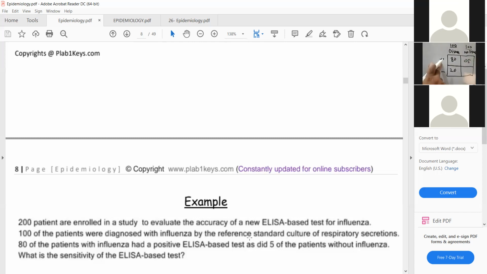So positive and without the disease, we'll write them here, and they will be known as false positive.